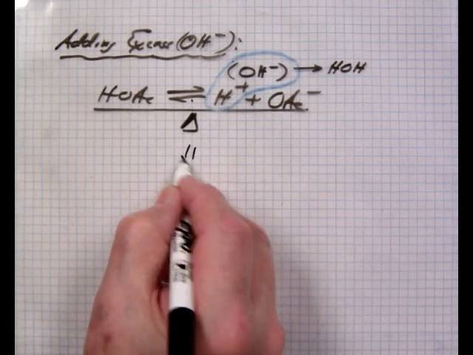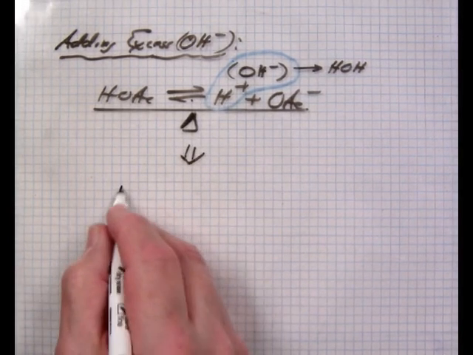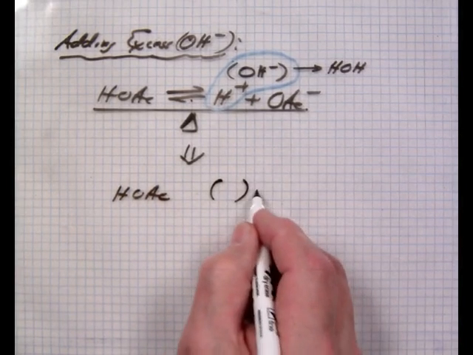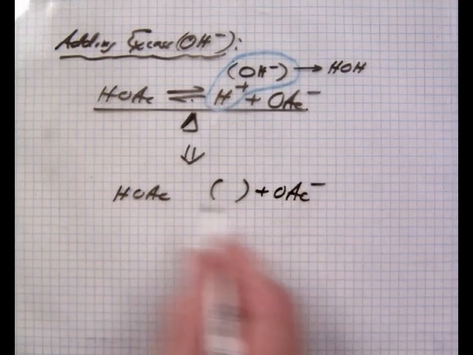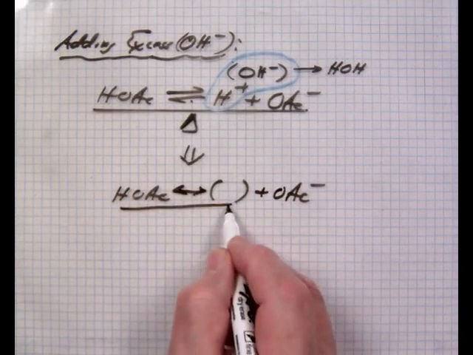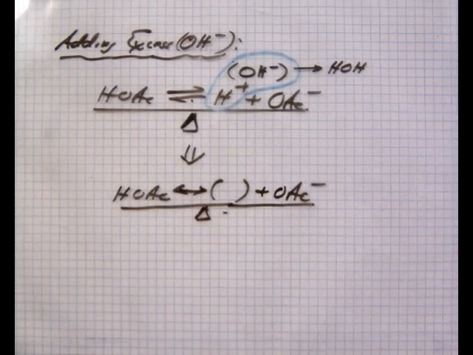And as a result, this is kind of like saying that the equilibrium now didn't have any hydrogen right there. And so the question is, how does it tilt?